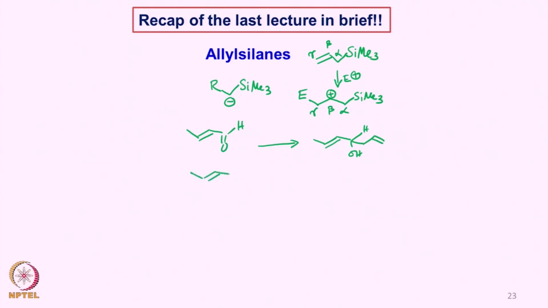On the other hand, if we take an alpha beta unsaturated ketone, then of course the Michael addition does take place, and you get addition of the allylsilane, and we saw that you can generate an enolate, and this can either react with the proton to form the addition product in this fashion, or it can react with an electrophile.